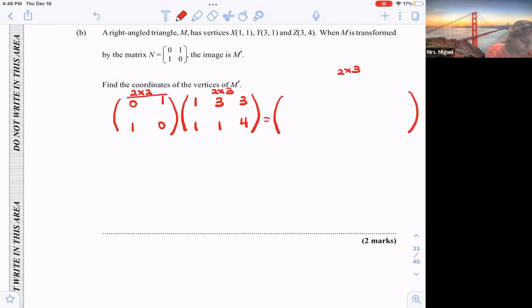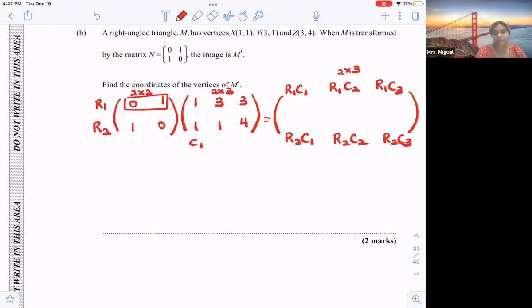So row 1 by column 1. Work it out. Row 1 by column 1. Row 1 by column 2. Row 1 by column 3. Row 2, column 1. Row 2, column 2. Row 2, column 3. Try it. Multiply it and see what you get.